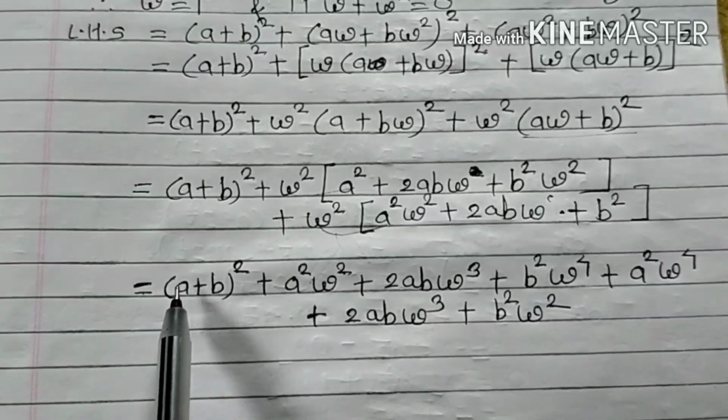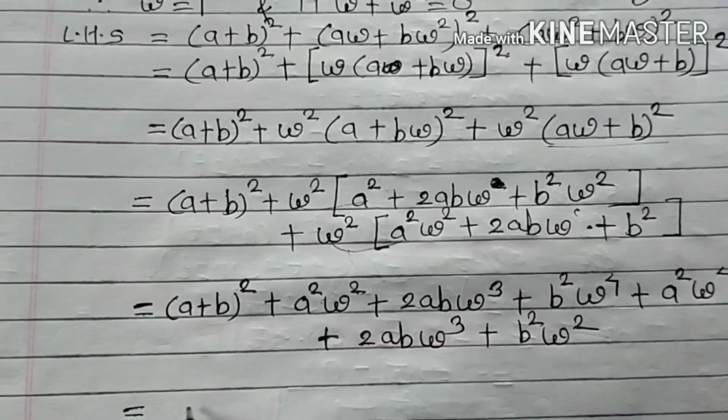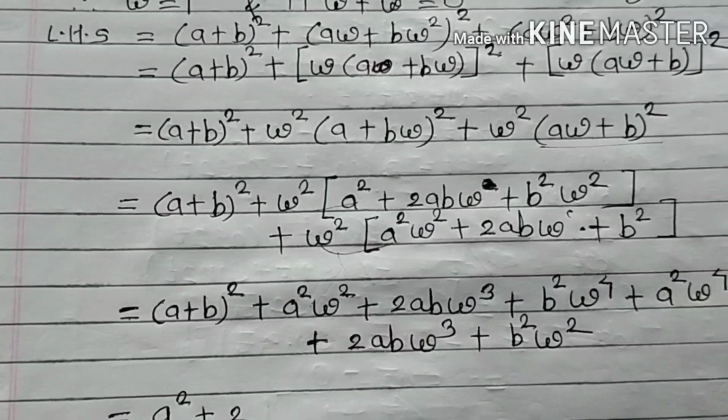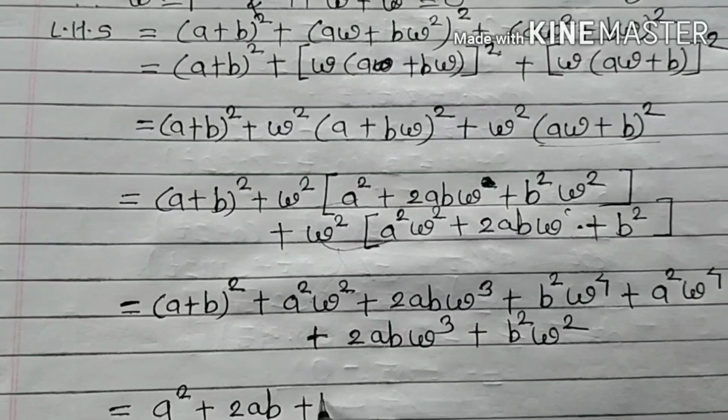Now here also split (a plus b) whole square, which is a square plus 2ab plus b square.